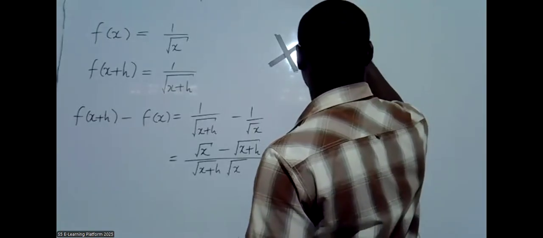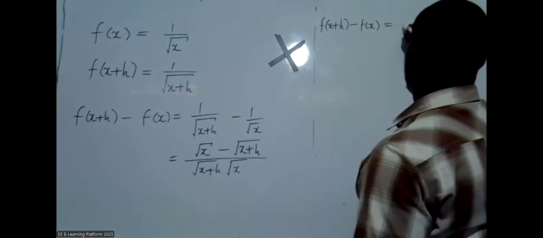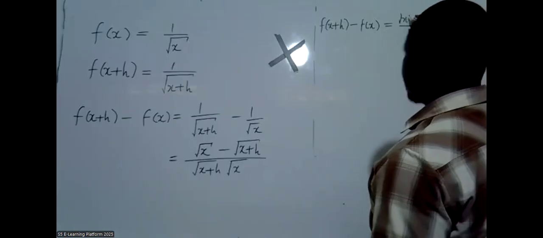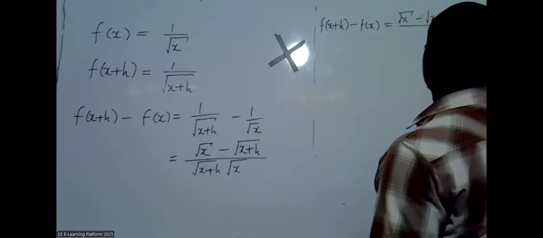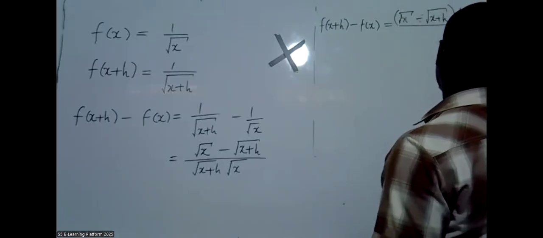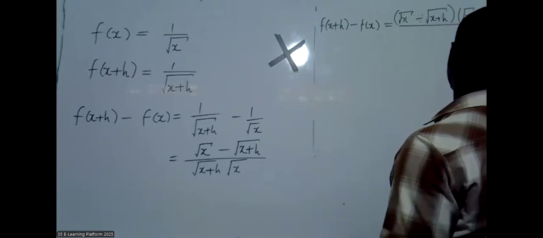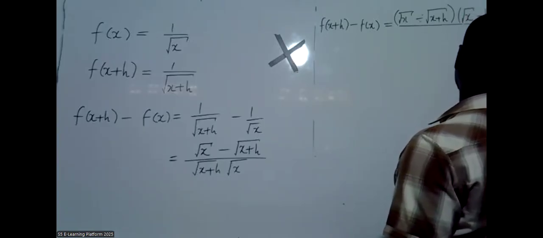So rationalizing the numerator will give us f of x plus h minus f of x is equal to, rationalizing here, we know the conjugate of the numerator will be, let's first write it, root of x minus root of x plus h. Put this in brackets, then times root of x plus root of x plus h.